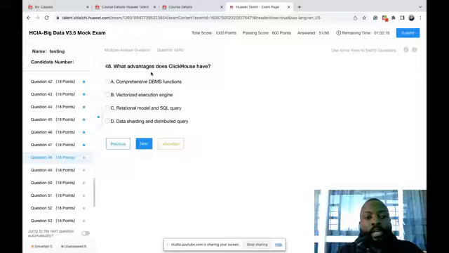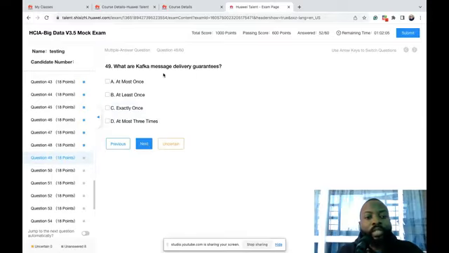Okay, what advantages does ClickHouse have? Okay, what are the Kafka message delivery guarantees? At least once. So, at least once.